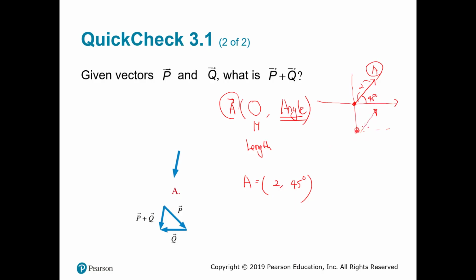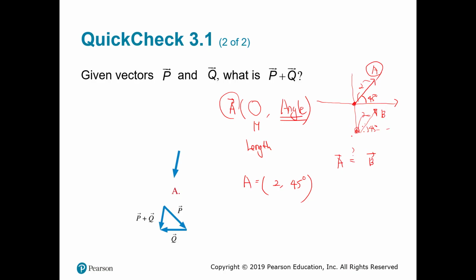The angle from the horizontal line is 45 degrees, and this is a 2 as well. So the shape is exactly the same as the a vector. My question here is, is the a vector the same as the b vector? Yes or no? The answer is yes.